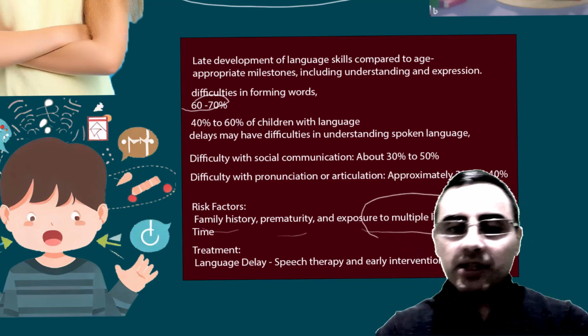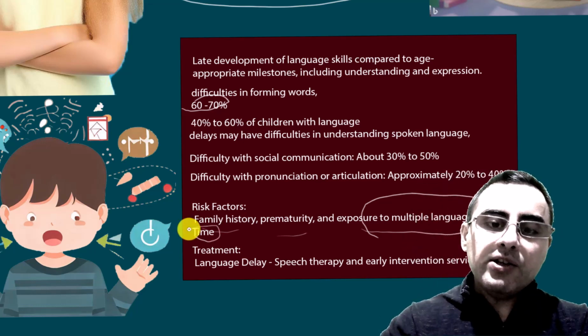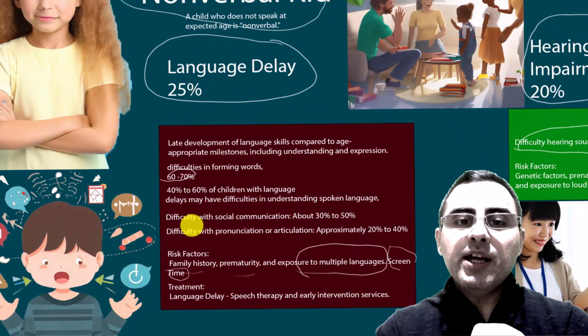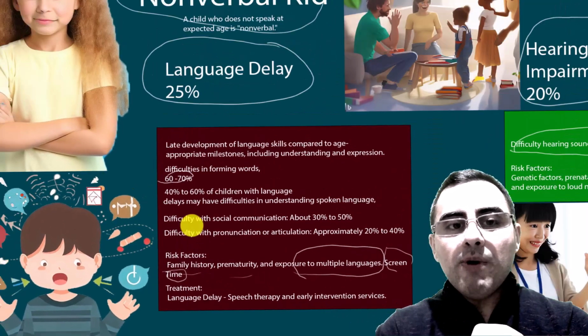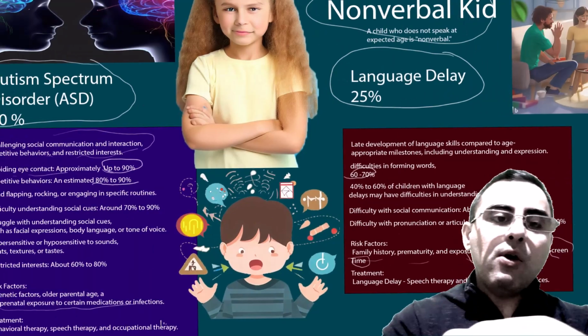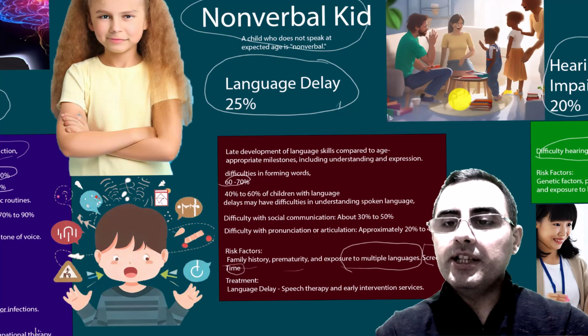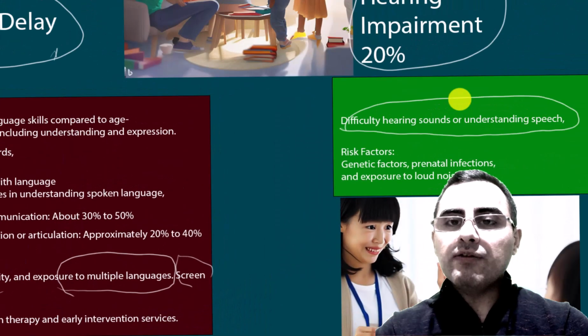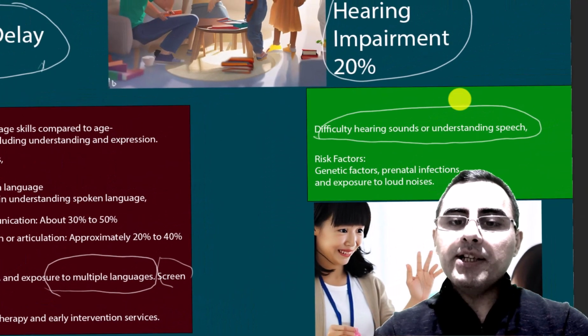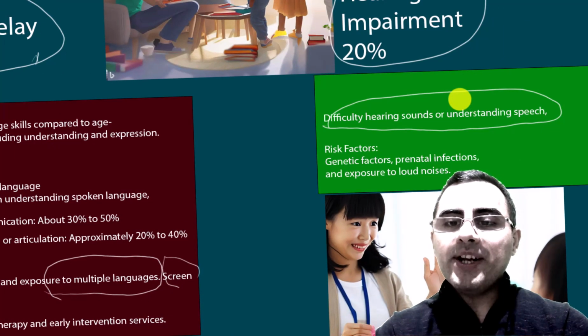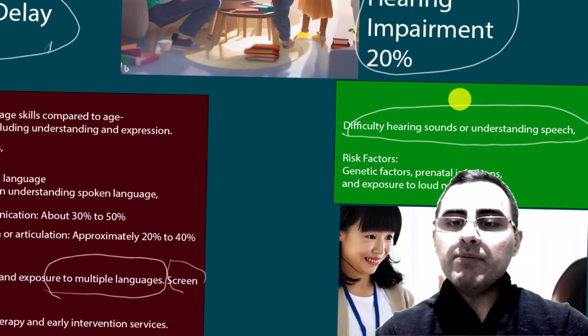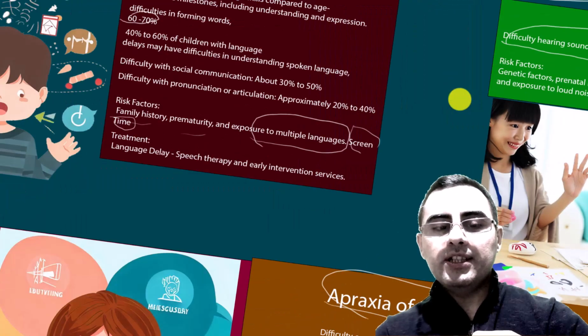Excessive screen time is an important risk factor because it is associated with language delay, with no very direct correlation to autism, but there is an important correlation with language delay. Risk factors for hearing impairment are genetic factors, prenatal infections, and exposure to loud noises.